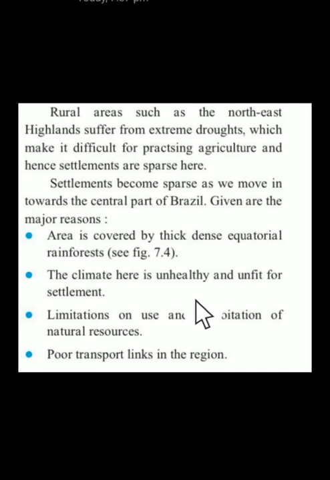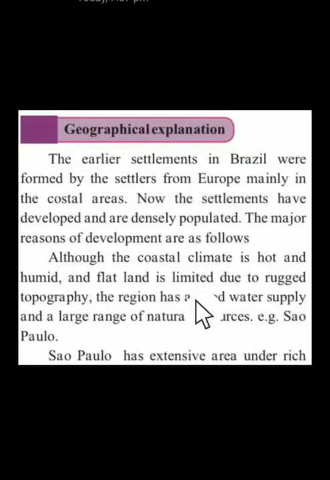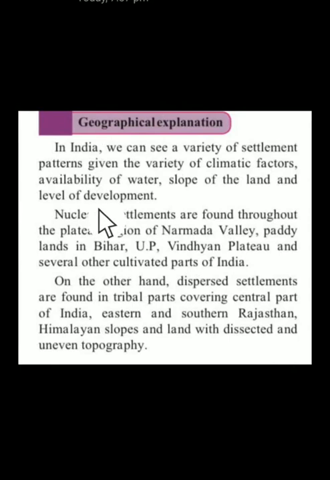Along with that we had also seen the introduction of the lesson in your textbook, that it depends on a few factors, that is climatic factors, availability of water, slope of land and level of development. All these are very important factors when determining the settlement patterns of either India or Brazil.